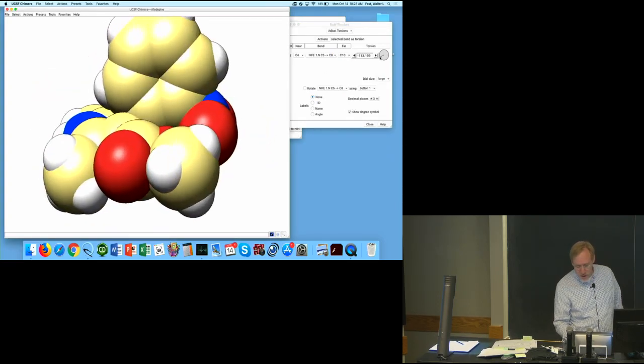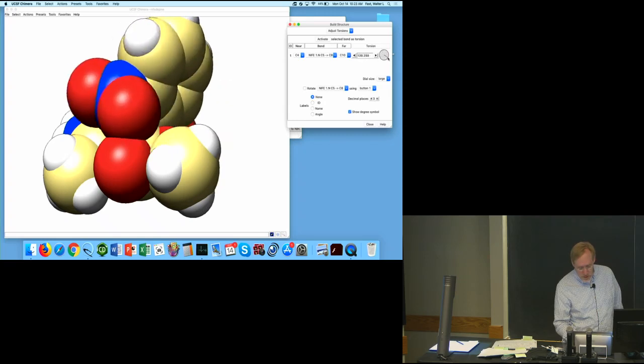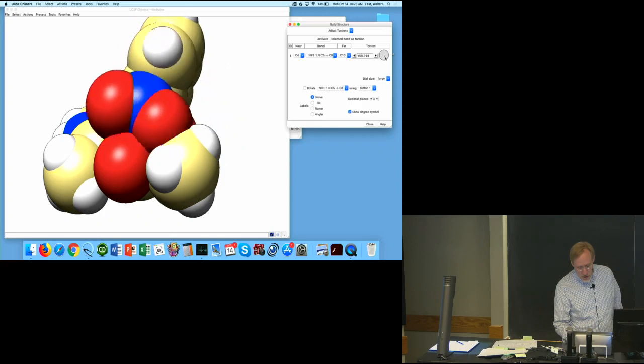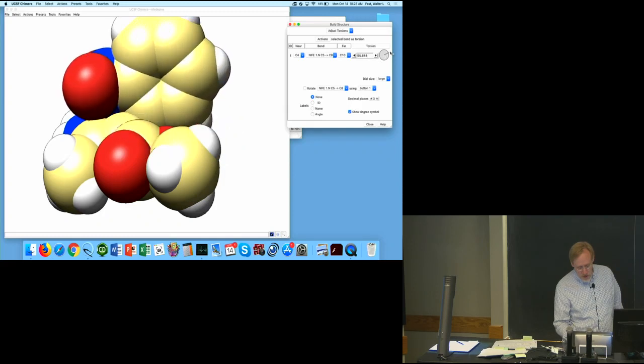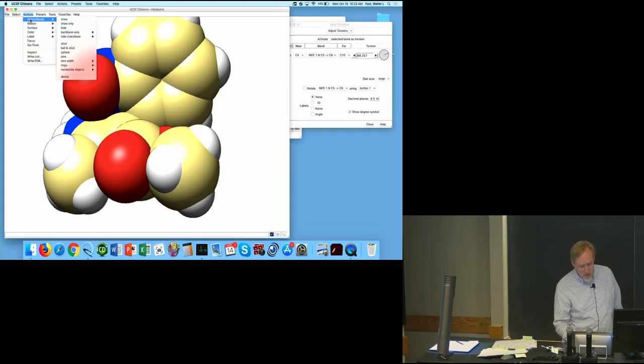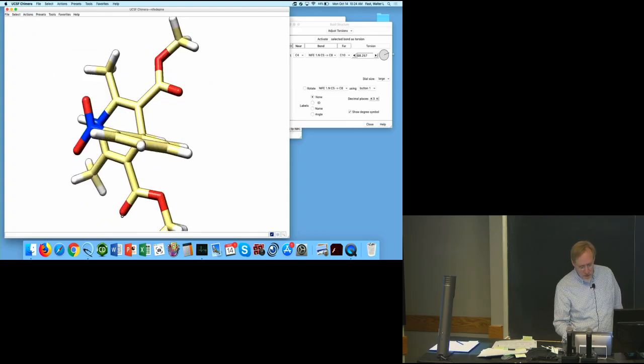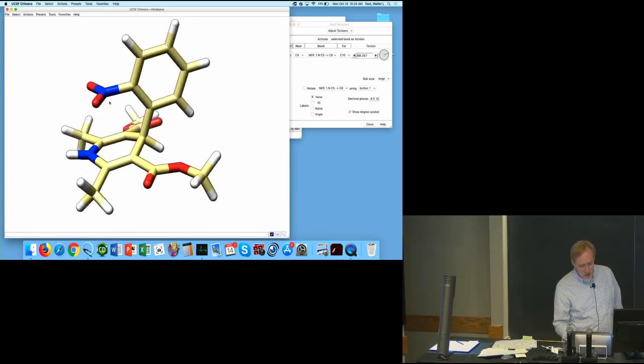There is actually one other orientation that works. You can see it kind of crashes into these groups on this side. But if you put it right over the ring, it actually works as well. But it ends up having the phenyl group in that same perpendicular orientation. So either one is favorable, but you still get this orientation.